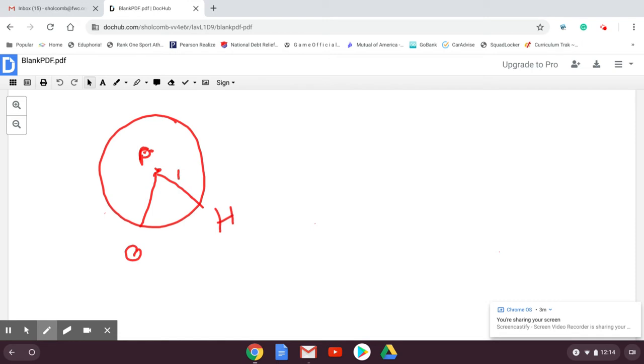And we've got a 15 centimeter radius. So that's 15 centimeters between P and H, which is also known as the radius. Okay? And we've got a 72-degree arc right there.